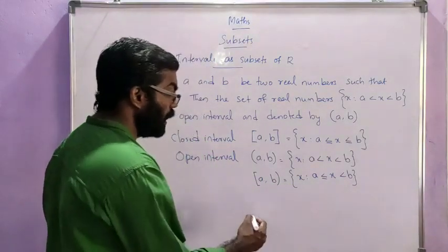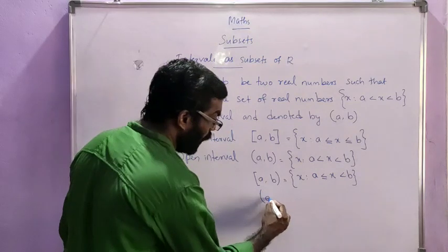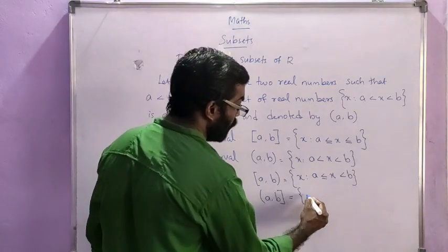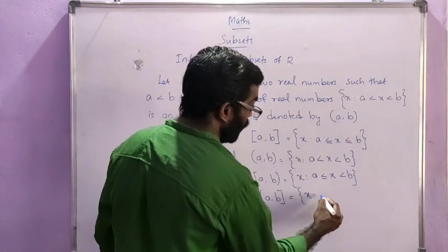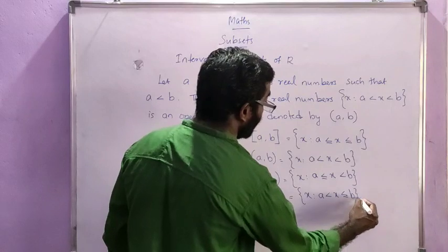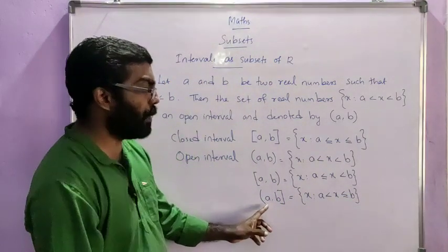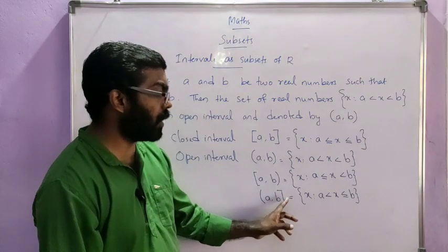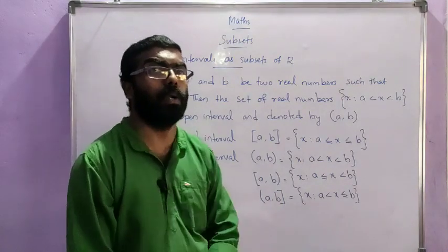Clear? And the last one is open A, B closed, which is equal to the set of all x such that A is less than x, less than or equal to B. That means A is excluded and B is included.